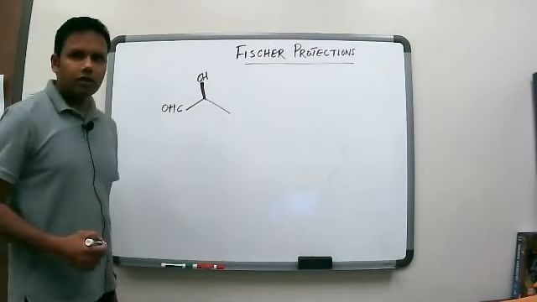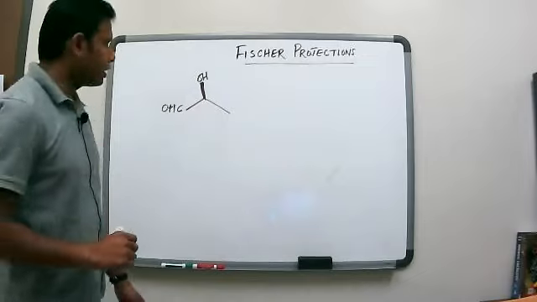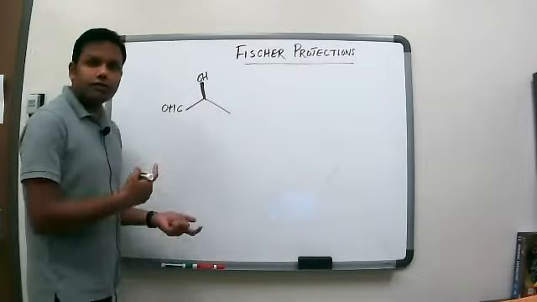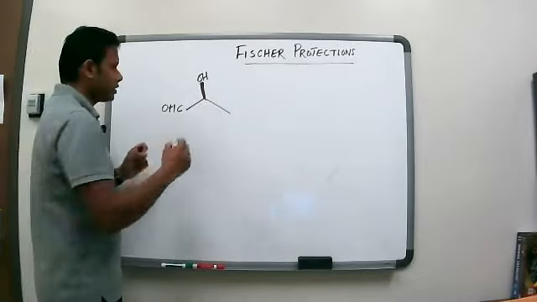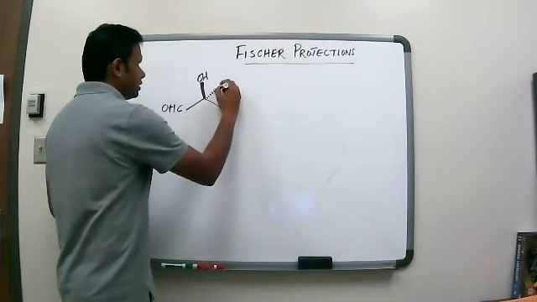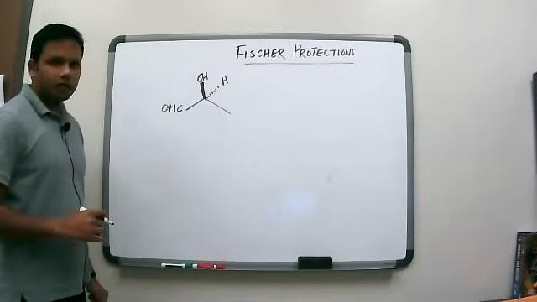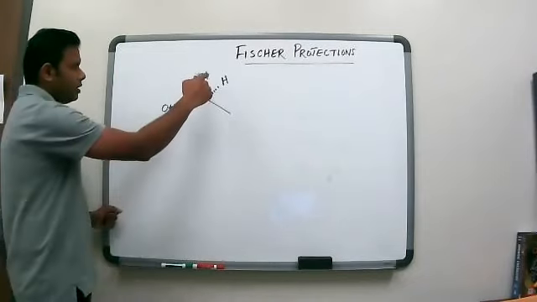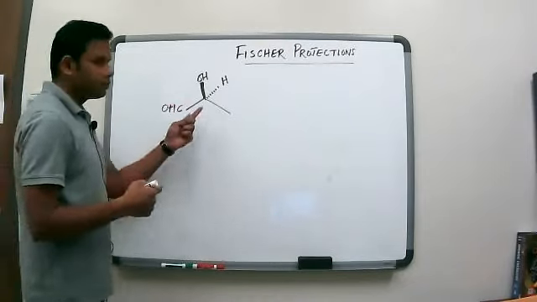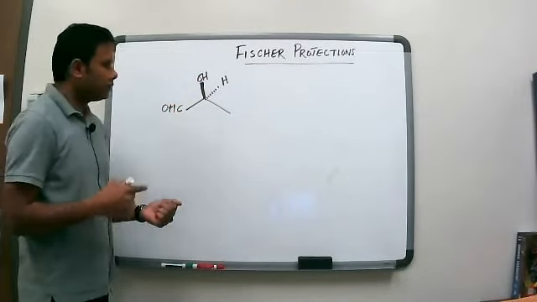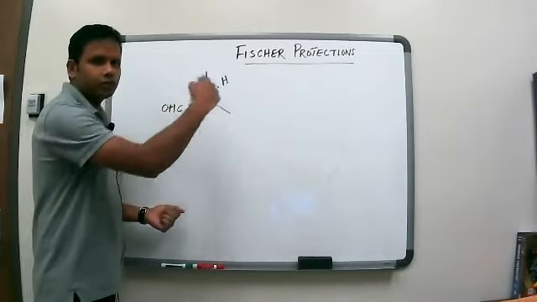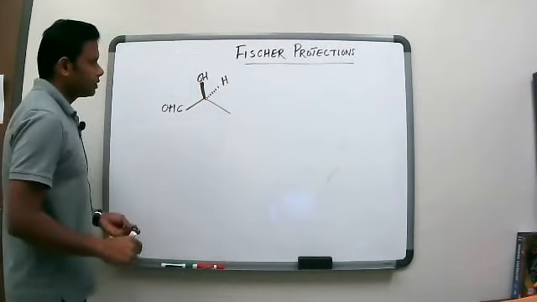Let's say that's a very simple molecule that we're looking at. It's not drawn in Fischer projections. We've drawn it as a wedge and a dash. So what we'll do is we'll just assign configuration to that so that we can see how this relates to the Fischer projection.